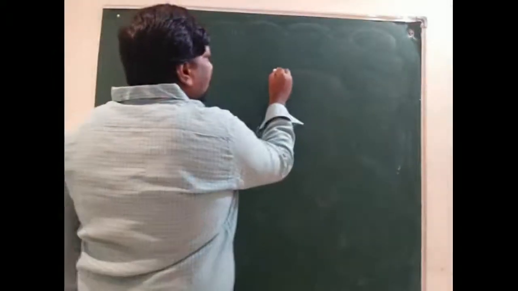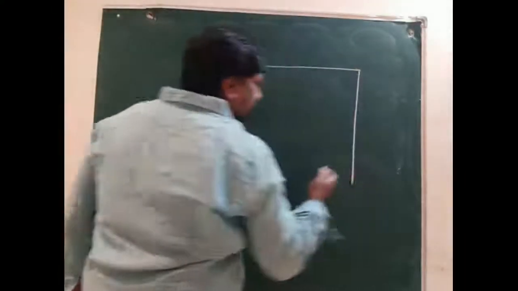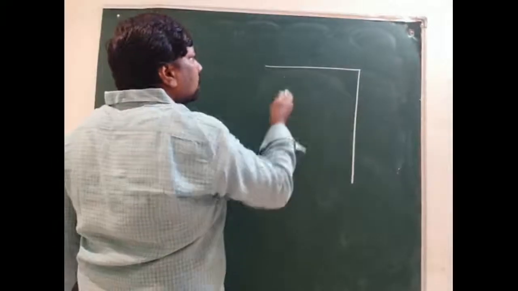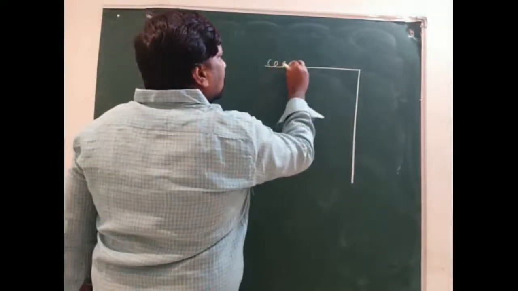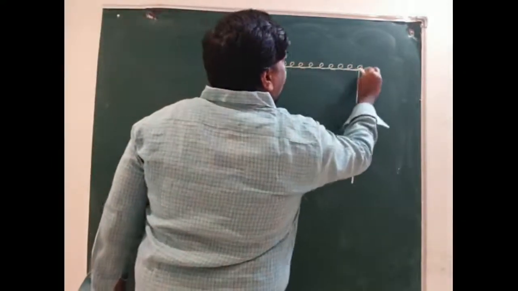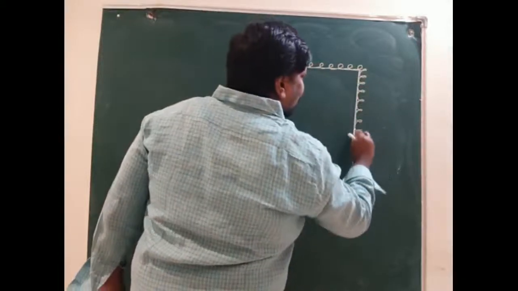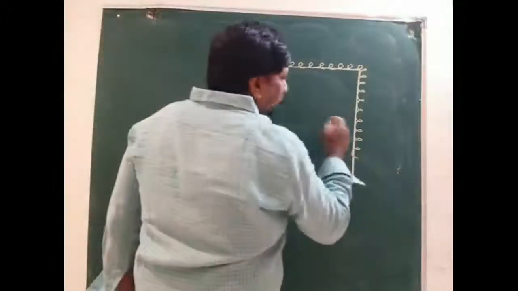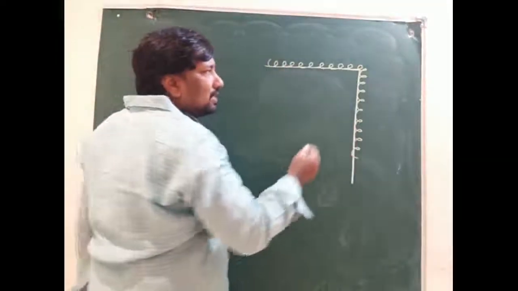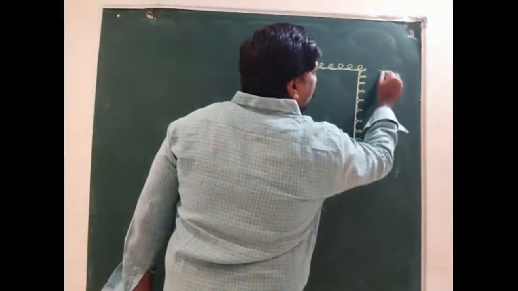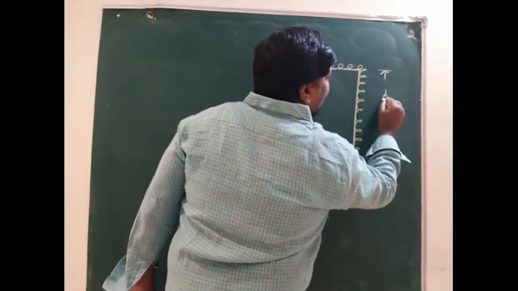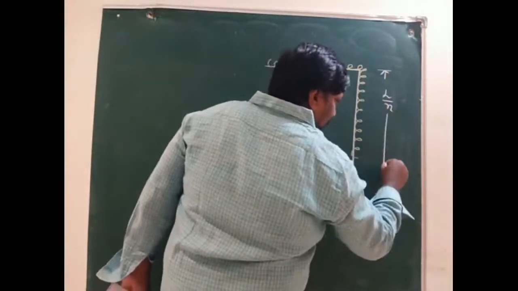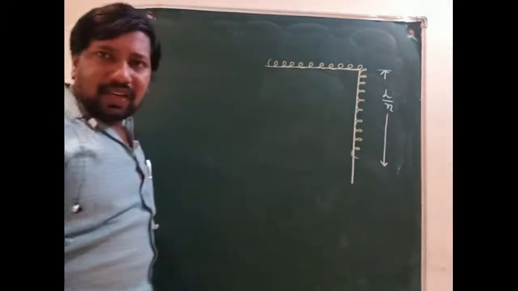So here a horizontal table is there. Now 1/nth part of the chain is hanging. That means the length of the hanging part of the chain is L by n. So L by nth part of the chain is hanging.